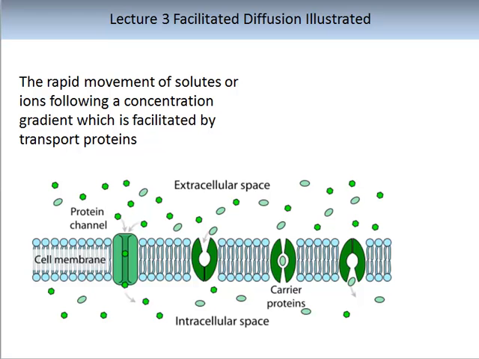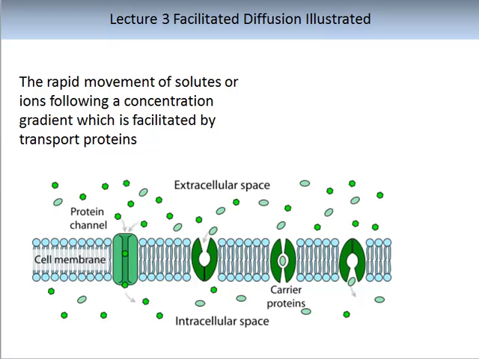When this occurs by the process of facilitated diffusion, you will have a protein. This protein will be located in the cell membrane and will be called a transport protein. Molecules will go through the transport proteins. Their movement or passageway will be very fast or rapid.